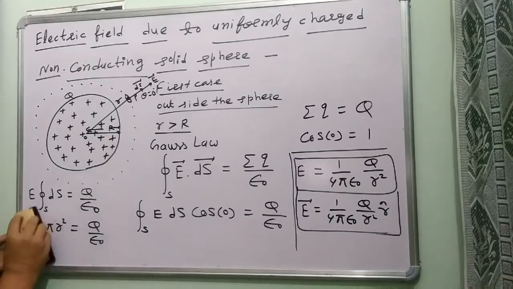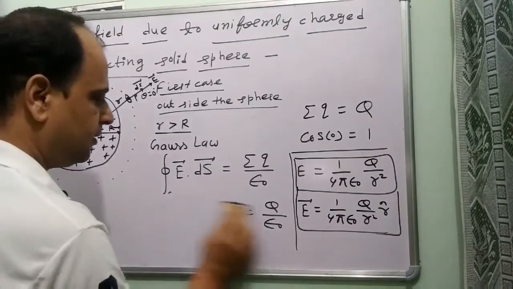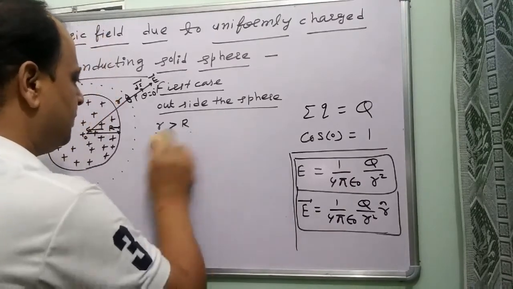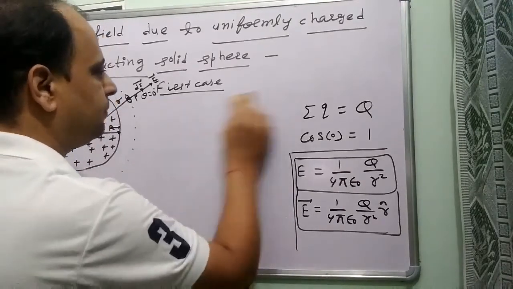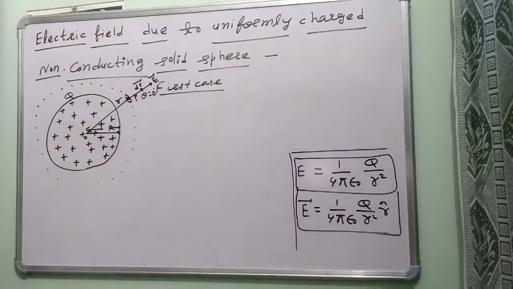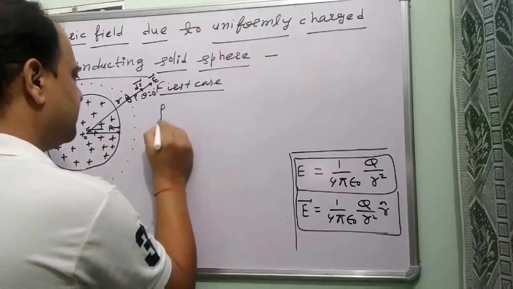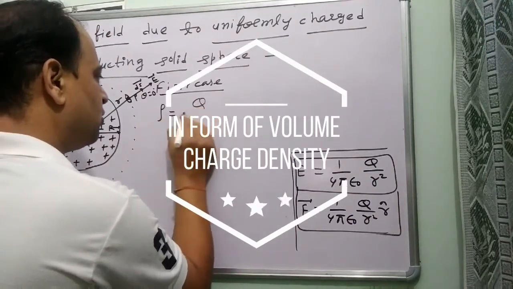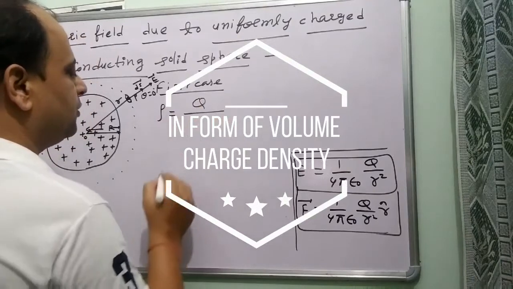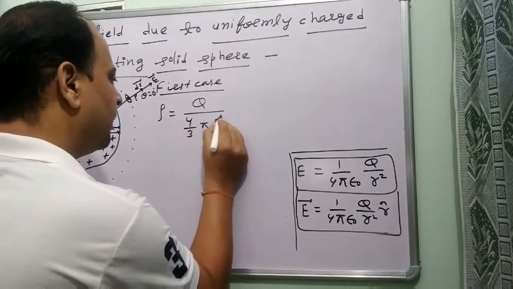Here we consider the volume charge density. Volume charge density rho is equal to charge upon volume, q upon 4 by 3 pi R cube.